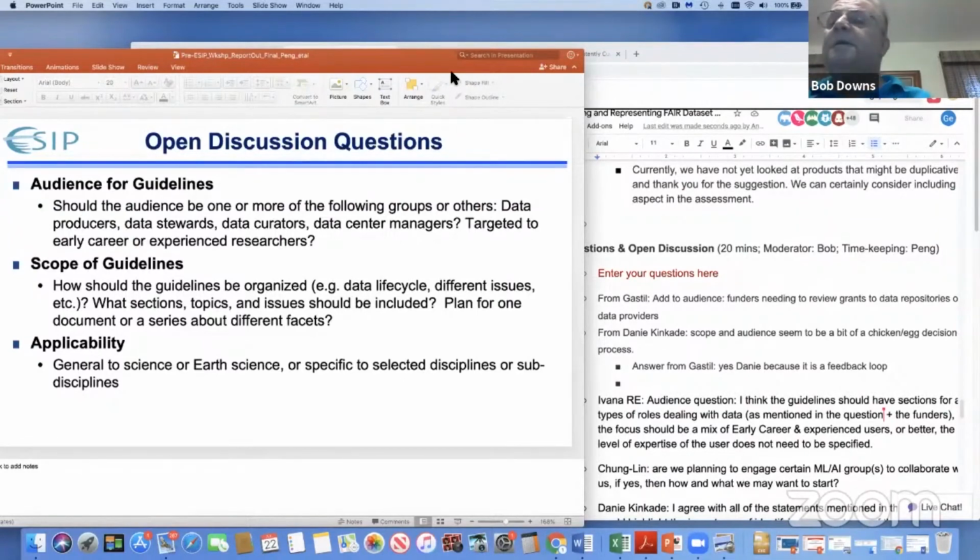I also saw another comment in the chat from Heather Brown, saying that she is seconding this thought about creating a dialogue in an iterative process.